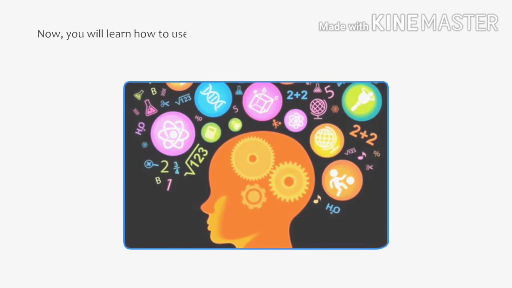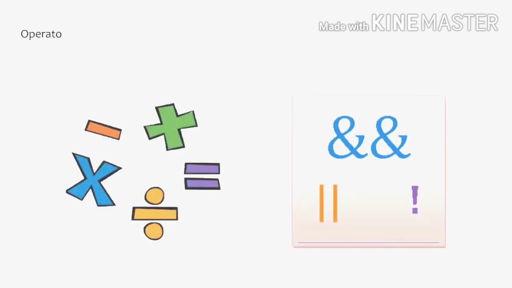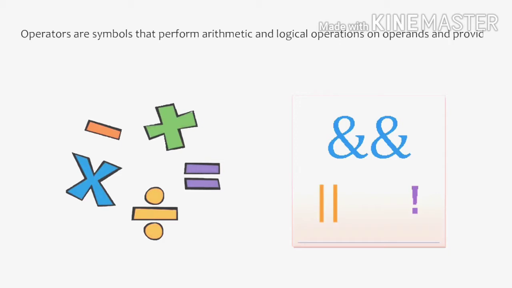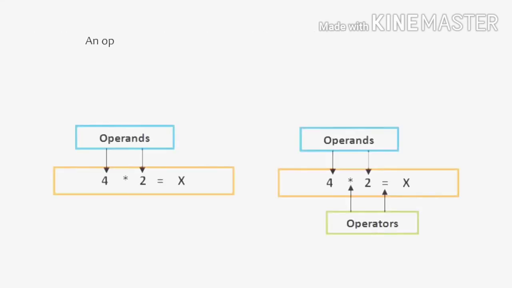Students, now we will learn how to use operators to perform arithmetic and logical operations in programming. Operators are symbols that perform arithmetic and logical operations on operands and provide a meaningful result.